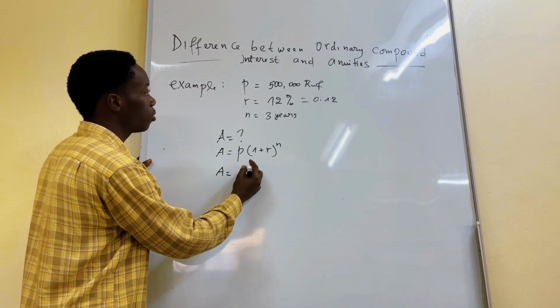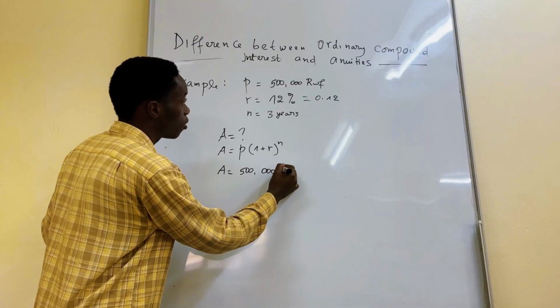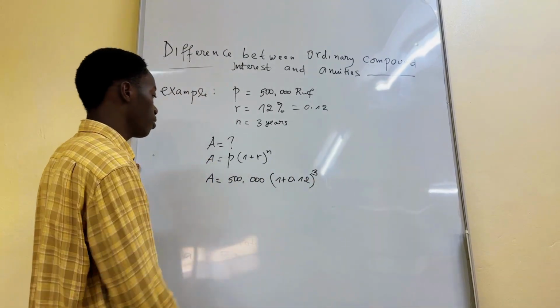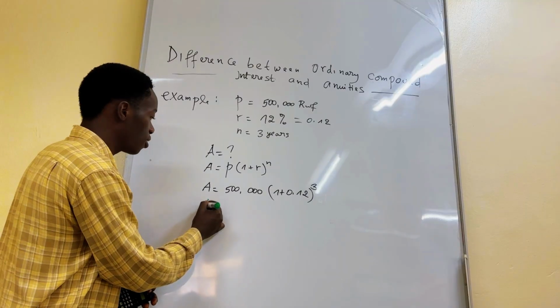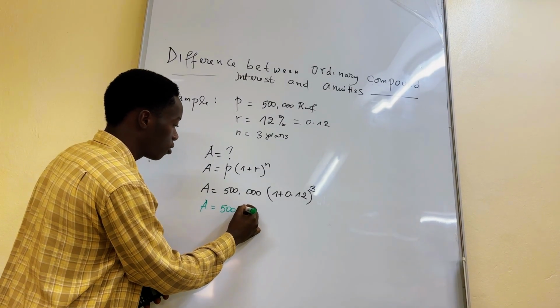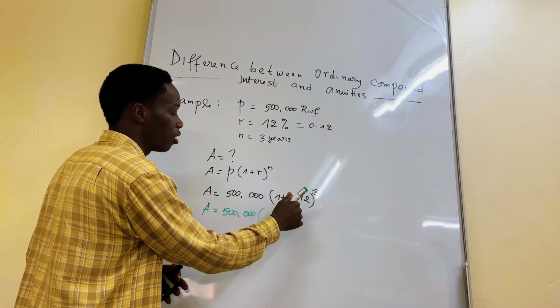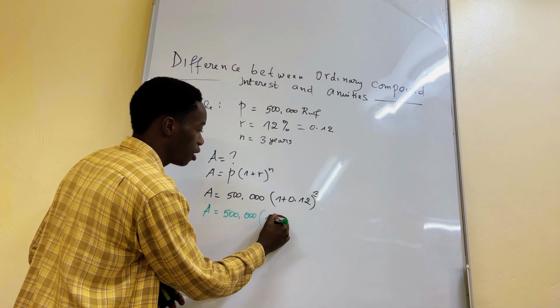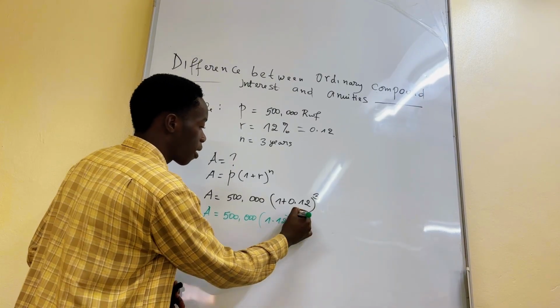A will be equal to 500,000 times (1 plus 0.12), which is 1.12 power 3.